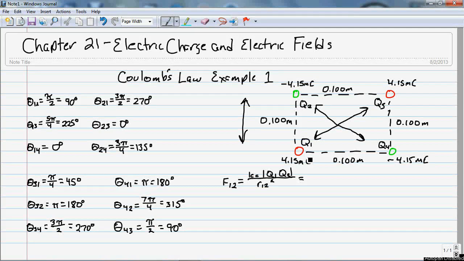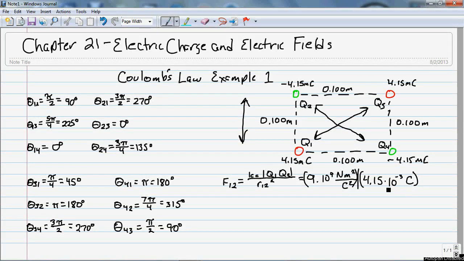So we have 9 times 10 to the 9th newton meters squared per Coulomb squared, times the absolute value of 4.15 times 10 to the minus 3 coulombs.